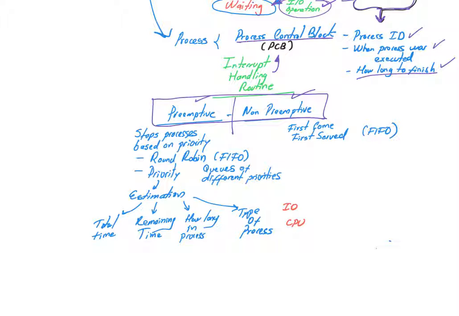One particular algorithm of a non-preemptive approach is first come first served, which means that there is a queue where all the processes arrive, and depending on the position of their arrival, they're going to be executed. But if it's non-preemptive, then until process number one is finished, number two won't be able to access the CPU. So as you can imagine, that's very inefficient in terms of access to the CPU.